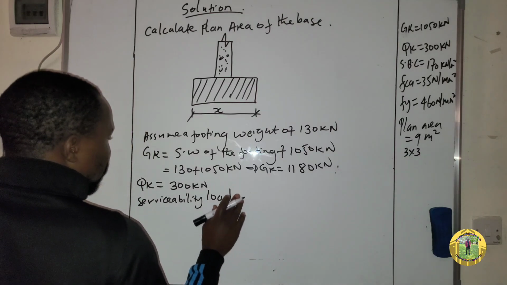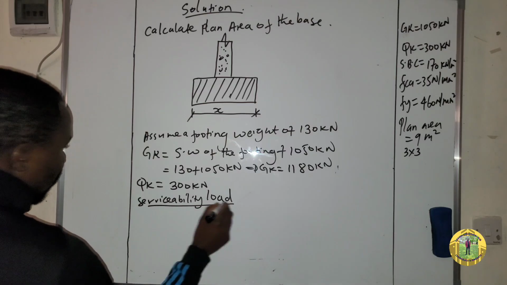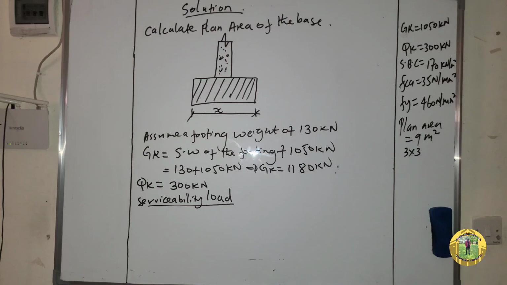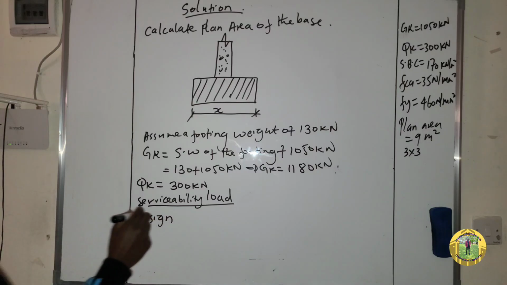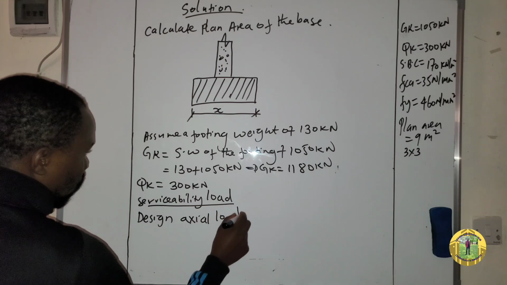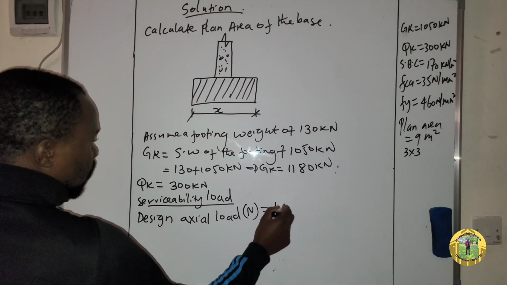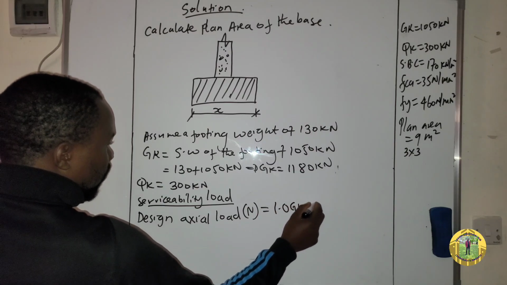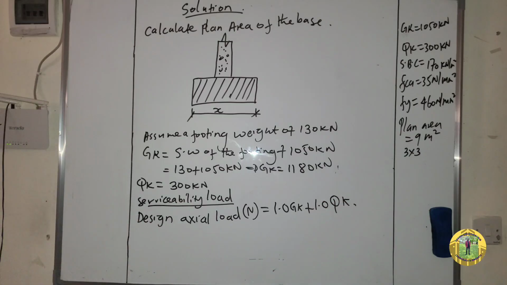So serviceability load is given by design axial load, which is N, equal to 1.0 GK plus 1.0 QK.